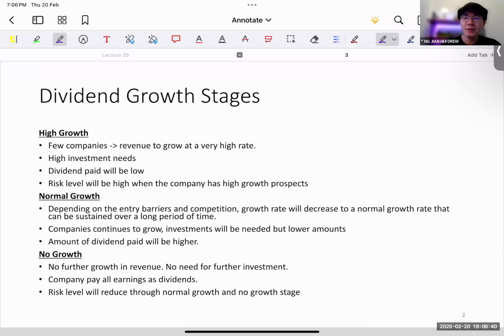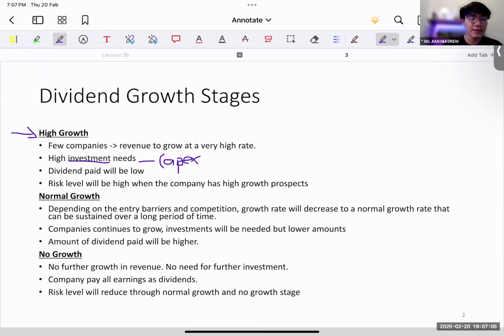When the firm just starts up, like a new startup, generally there's very high growth for the firm. This is when the firm is still in its infancy, still trying to mature over time. Because of that, generally we expect high investment needs, and these can include things like capex.